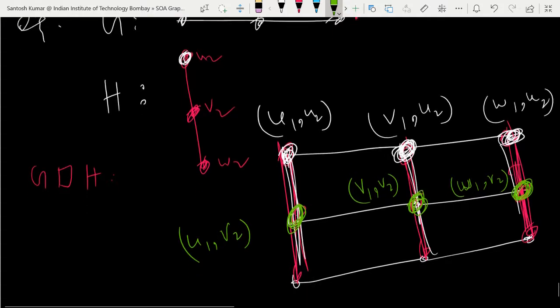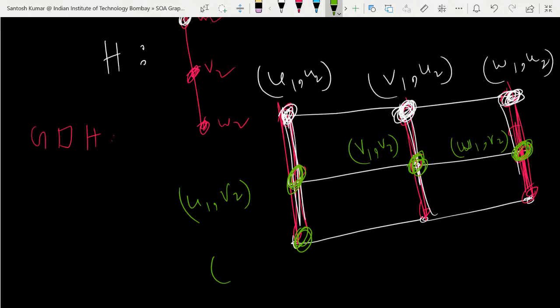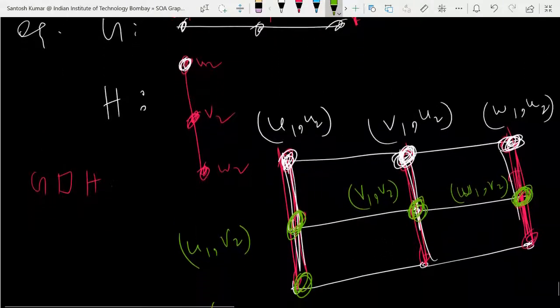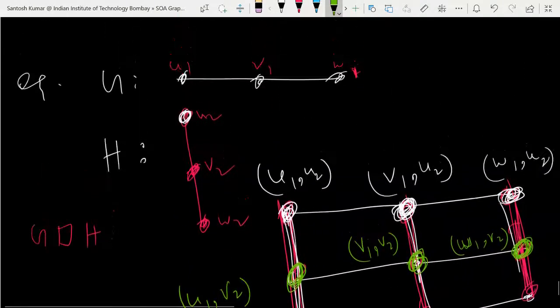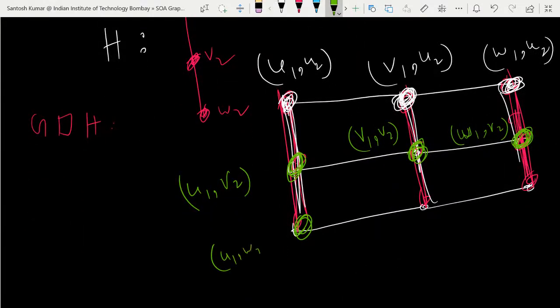Similarly here, it is the third vertex in H, w2, and here is u1, so u1 w2, v1 w2 and w1 w2.